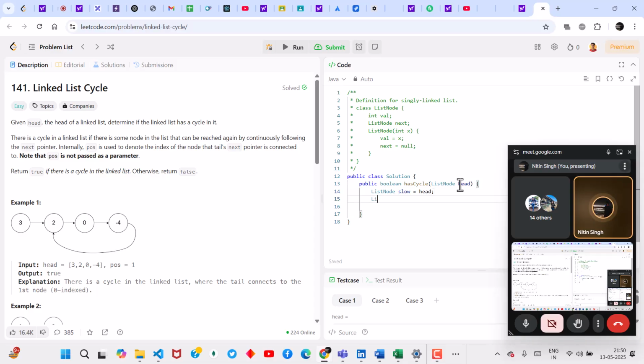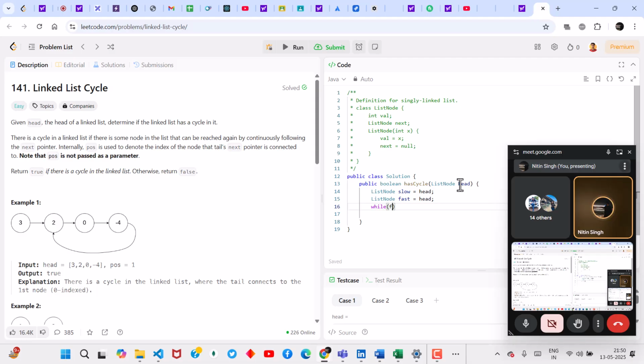Then ListNode fast is equal to, it will also be pointing to the head of my linked list. Now a while loop. What I'm doing is just moving my fast and slow. There will be a case where my fast will be referring to null or will become null.